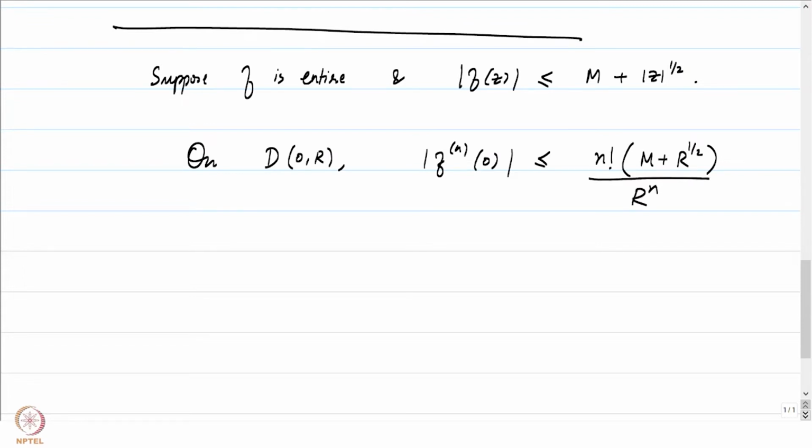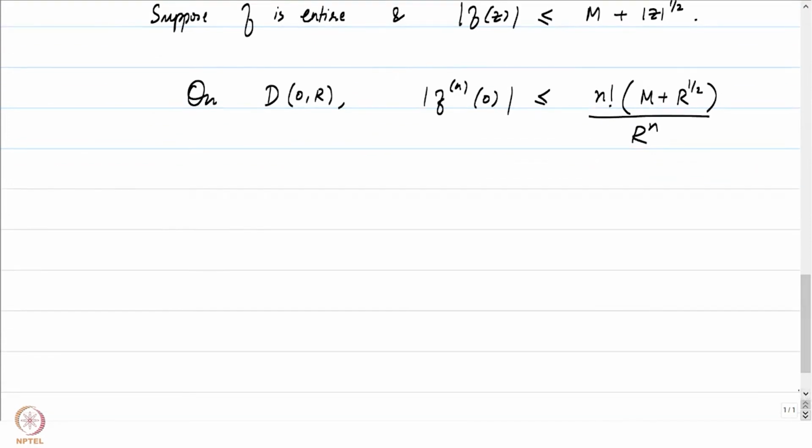This is precisely our bound on the nth derivative of f evaluated at 0. Since f is an entire function, we can let R go to infinity. This is still true for every R, and we conclude that the nth derivative of f at 0 is equal to 0 for all n greater than or equal to 1.